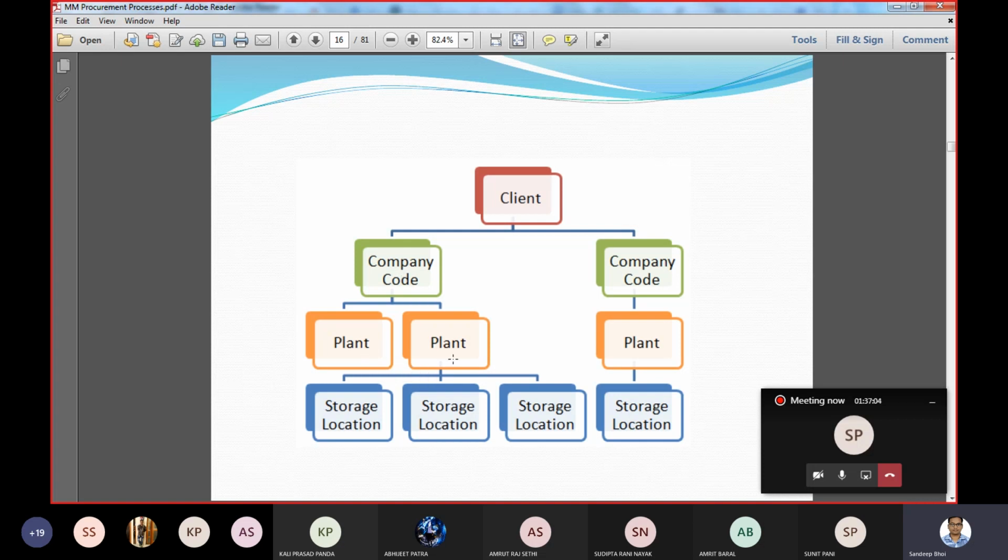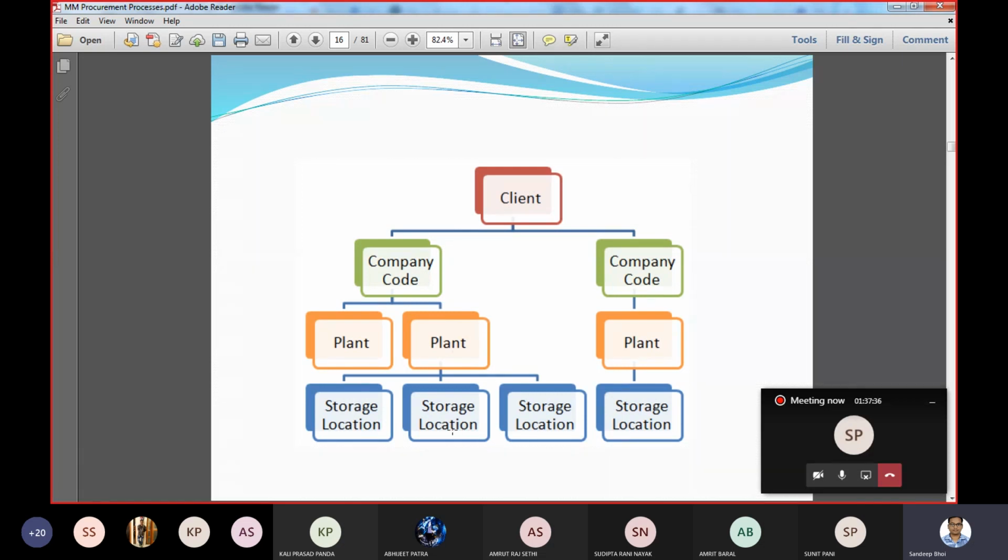Each individual plant has different storage locations, and each storage location has a unique storage location code for this specific plant. So whenever you call storage location 1000, you can identify which plant it is for, which company this plant belongs to, and which client this company belongs to, right?